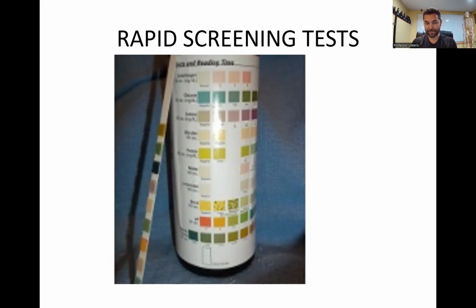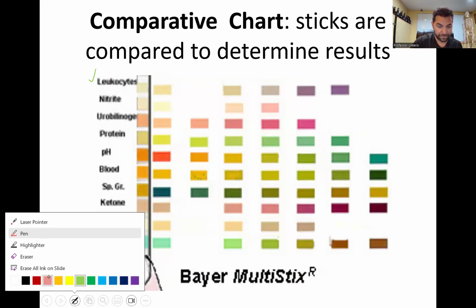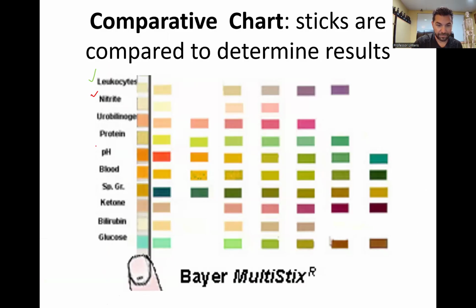Once you dip it, these little dots here change color, and then you would just match it up with the according chart that comes with every single test. So it would tell you, do you have the presence of leukocytes? What are your nitrates? Do you have protein, pH, right? Is there glucose present? What's the specific gravity, et cetera. And you would just match the colors.